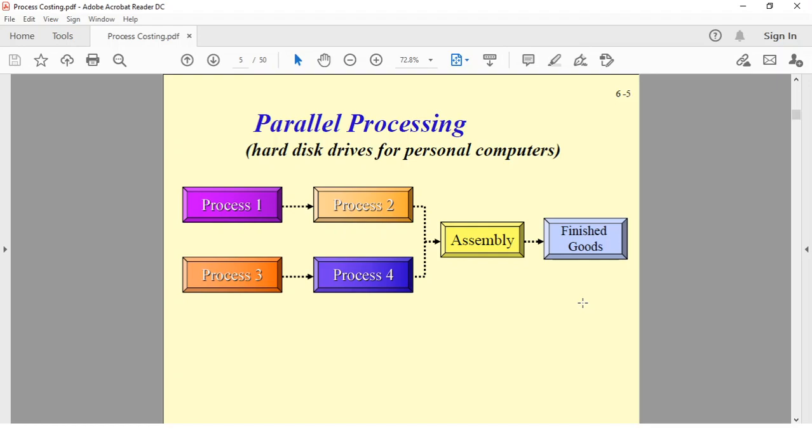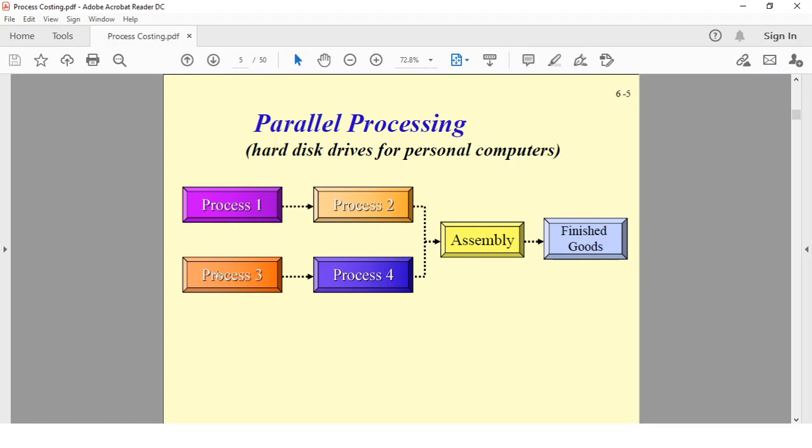Here is another type of processing, which is parallel processing. You have process 1 and 2, and 3 and 4. For example, this is a hard disk drive for personal computers. Let's say process 1 and 2 are in relation to the hardware output itself, and then 3 and 4 are in relation to the inside of the hardware, or the circuit board.